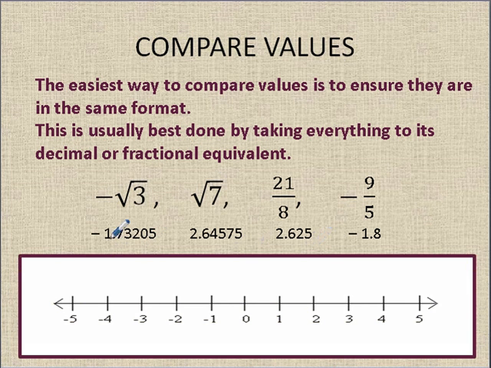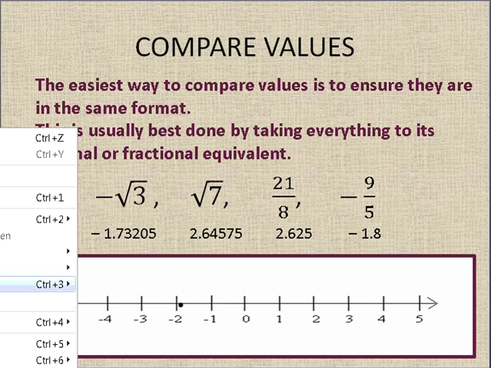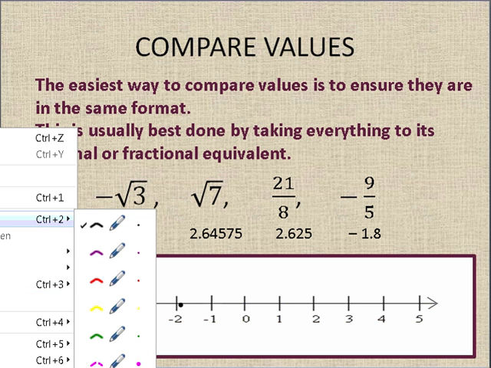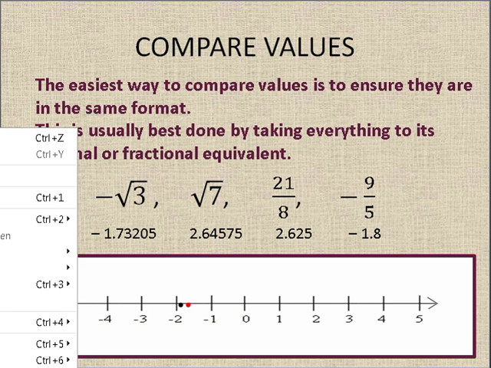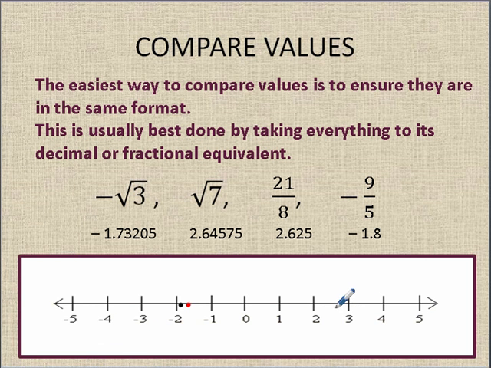So negative 1.8 is going to be really close to negative 2. I'm going to change colors as I go so that we can see the different points, especially when they're close. Negative 1.8 I did, negative 1.73, then I have 2.625, which is less than 2.64575.